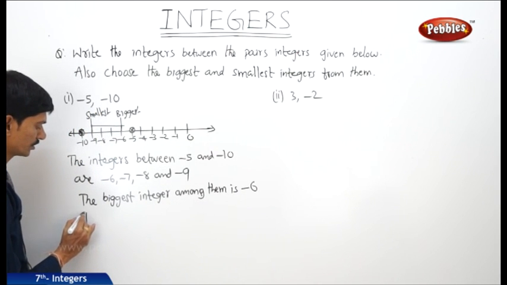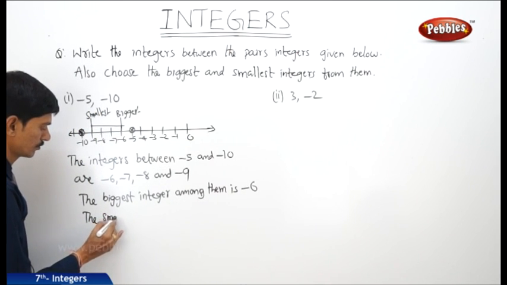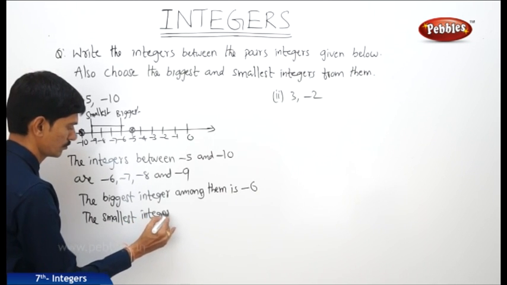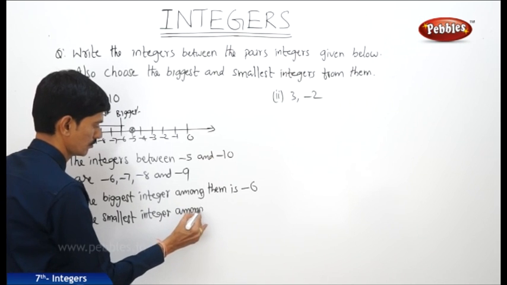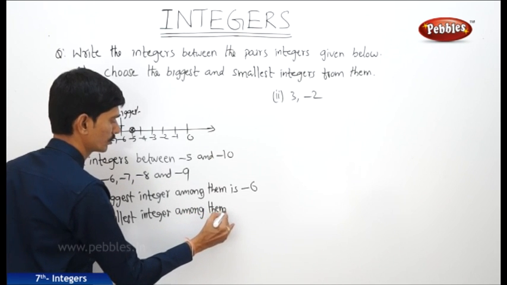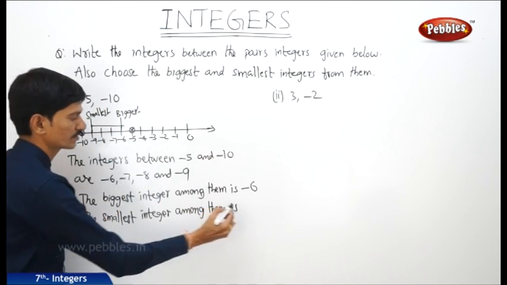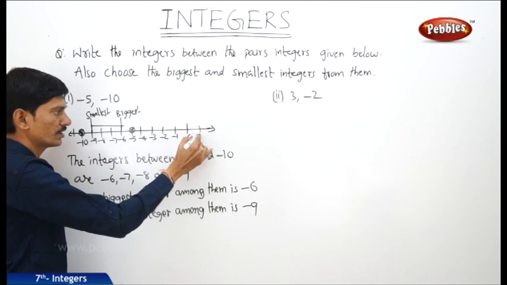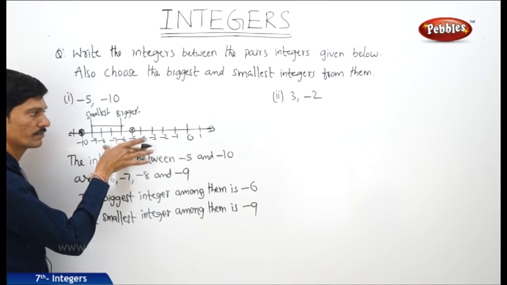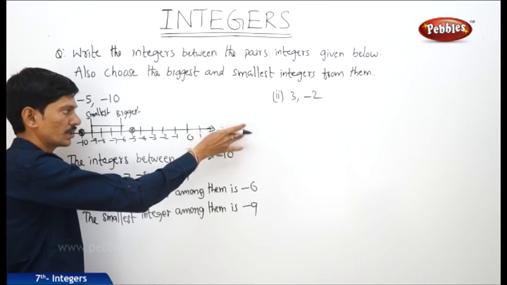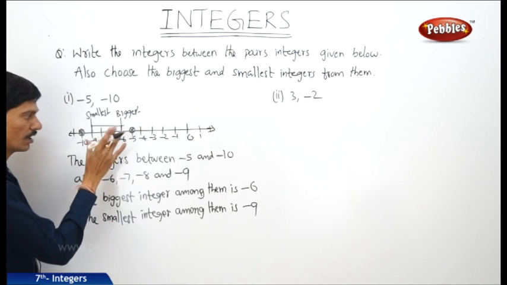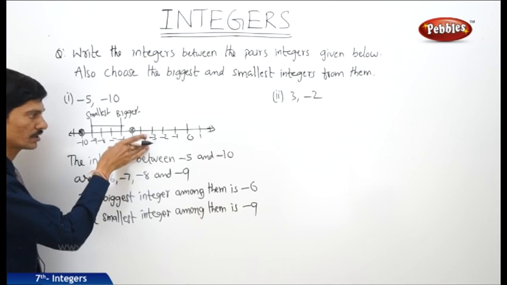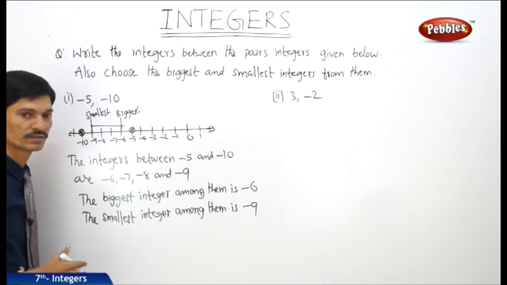The smallest integer among them is -9. And here all the positive integers are greater than the negative integers, and all the positive integers are greater than 0, and all the negative integers are less than 0, and also all the negative integers are less than the positive integers.